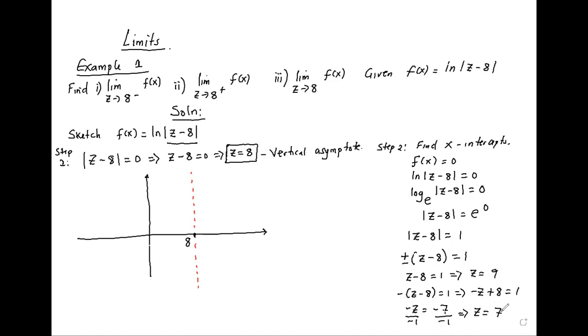So we have two intercepts, positive 7 and positive 9. And since our curve is positive outside, as you can see, it's positive outside here, that means the function goes up.